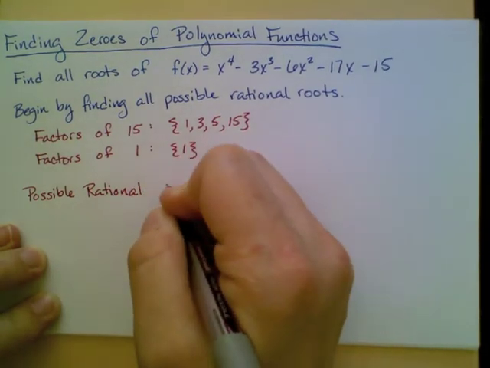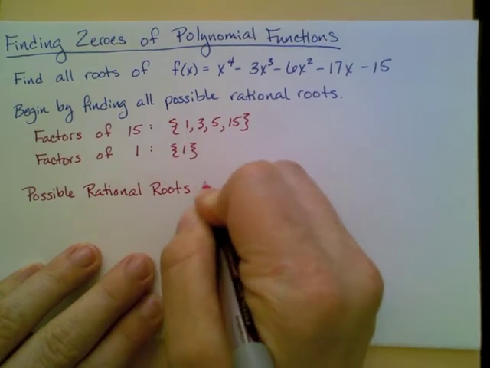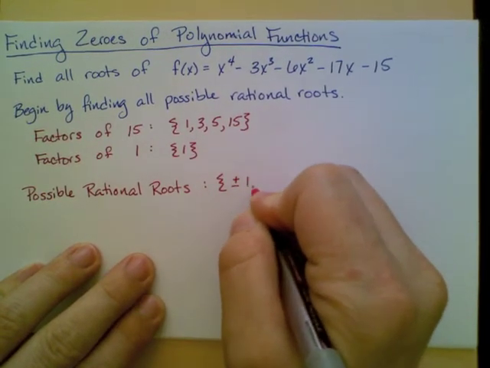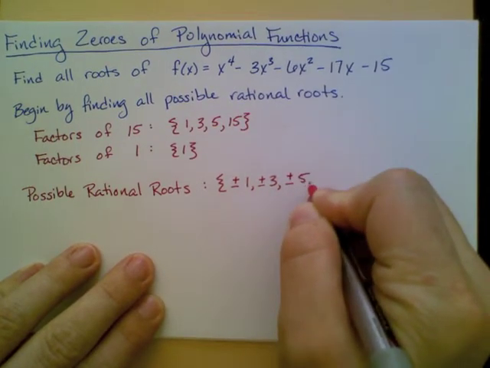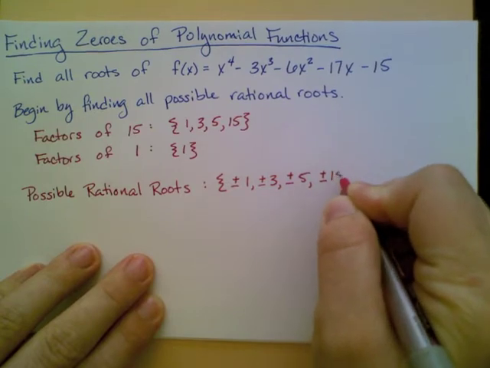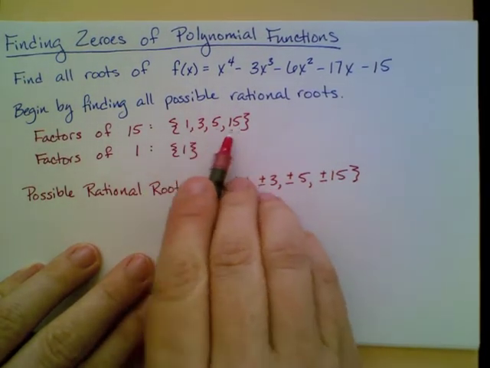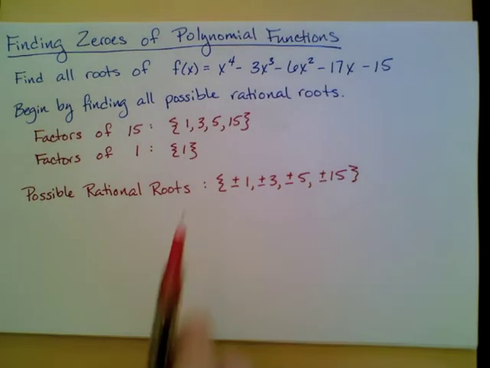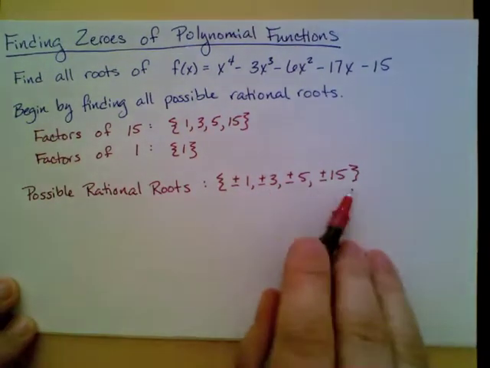I hope that doesn't affect the video too much. The possible rational roots are plus or minus 1, plus or minus 3, plus or minus 5, and plus or minus 15, because we're putting each of these over 1, and of course dividing something by 1 doesn't change it. But we do need the positive and negative of each of these.